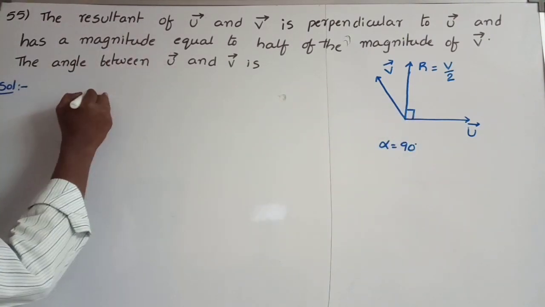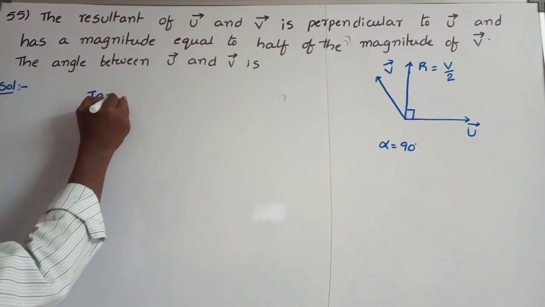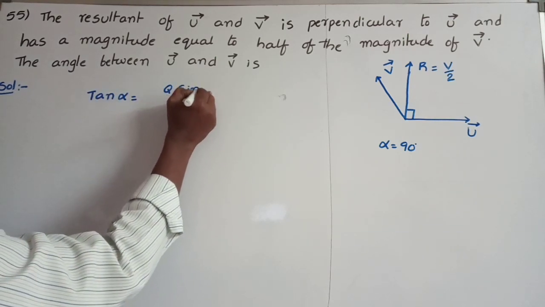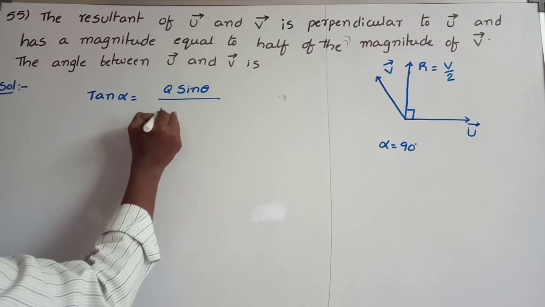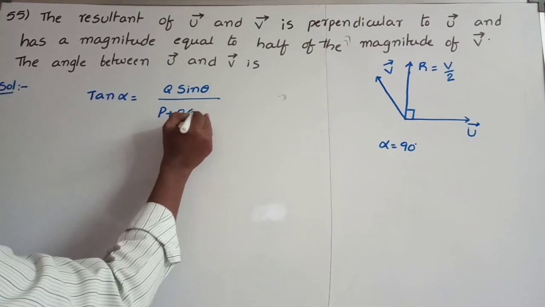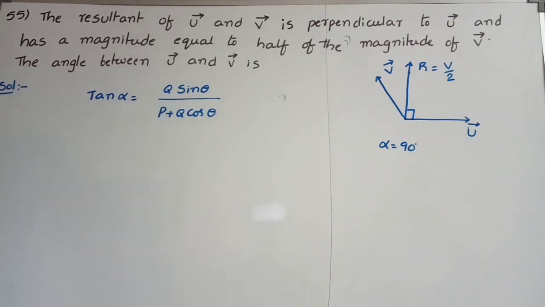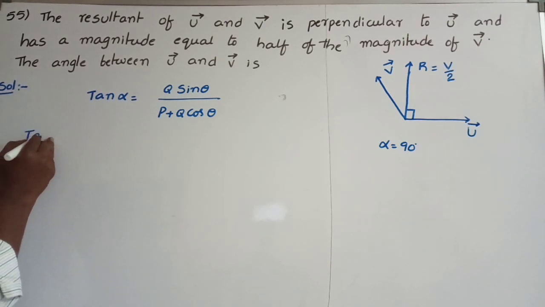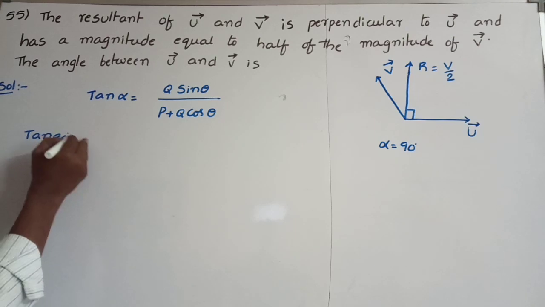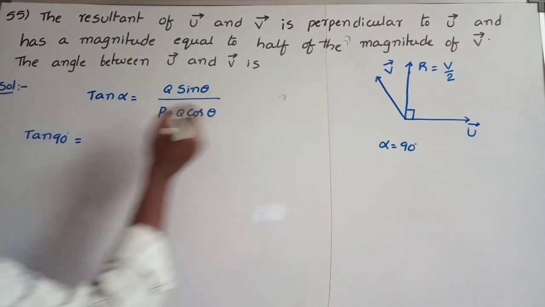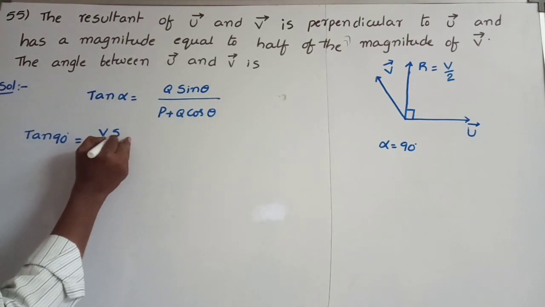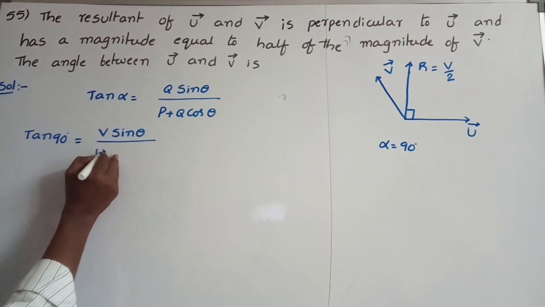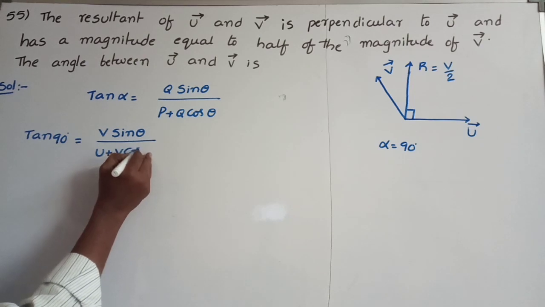We know tan alpha is equal to Q sin theta by P plus Q cos theta. From this, tan 90 degrees is equal to, instead of Q, you take V, V sin theta by U plus V cos theta.